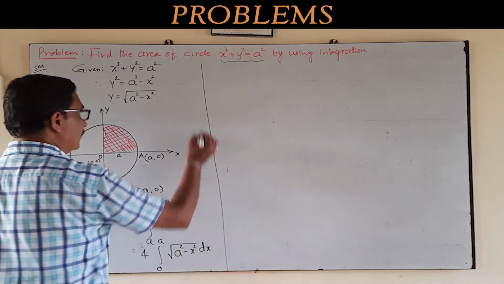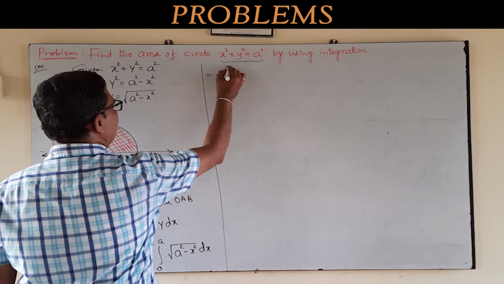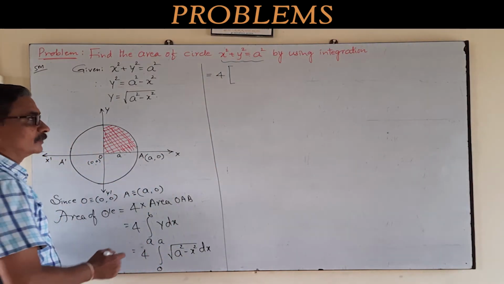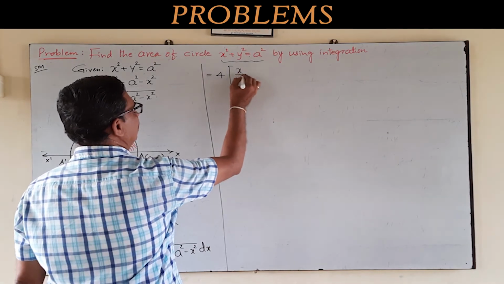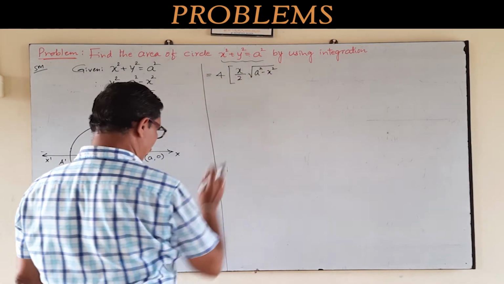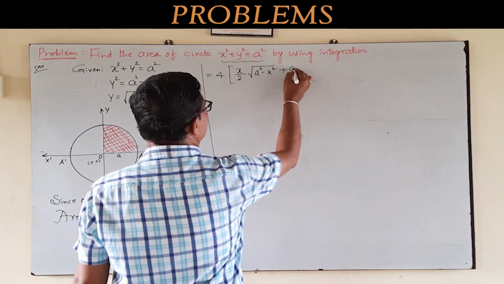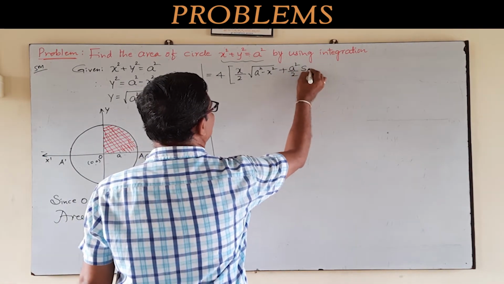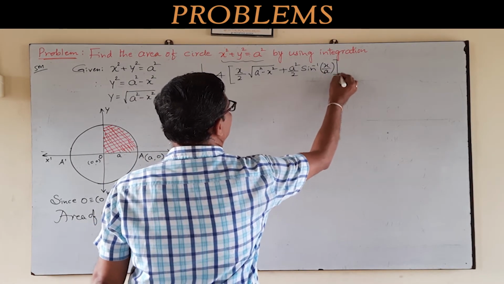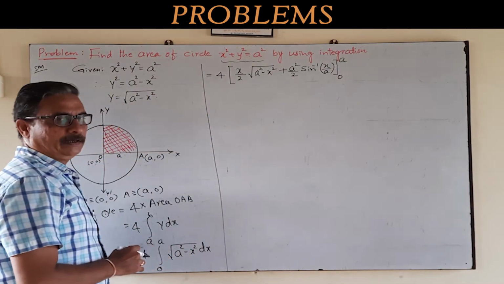Again you know that by using integration by parts, what is the integral of under root a square minus x square? Remember that formula. What is that? x by 2 into under root of a square minus x square plus a square by 2 into sin inverse of x by a, between the limits 0 to a. Right?